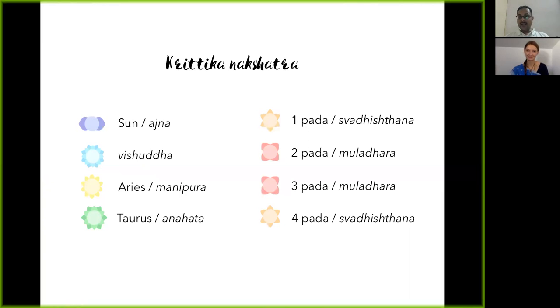Krittika is ruled by the sun as per the Vimshottari Dasha system, so it makes sense that it would be the first nakshatra, because the sun is the king of this entire solar system that we have.